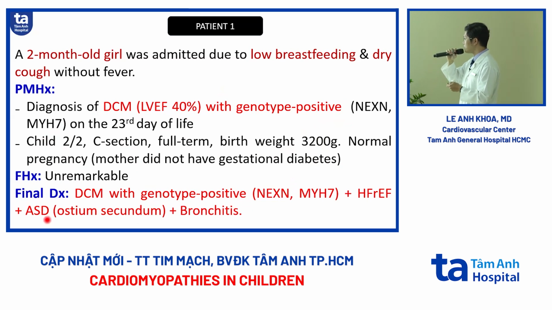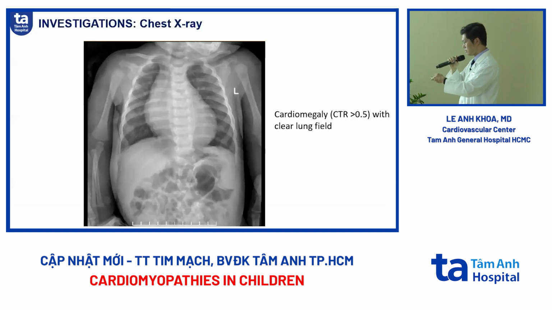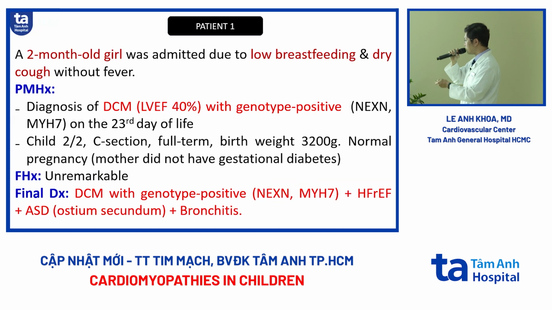The final diagnosis is dilated cardiomyopathy with genotype positive with heart failure, reduced ejection fraction, and the ostium secundum ASD here, and bronchitis.